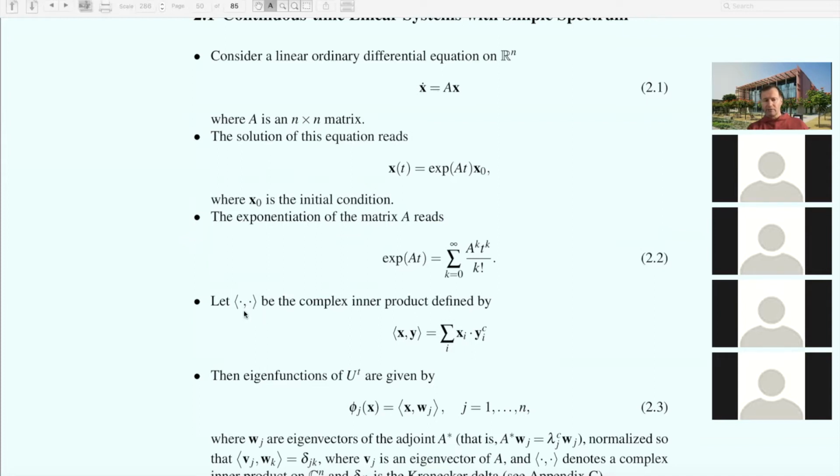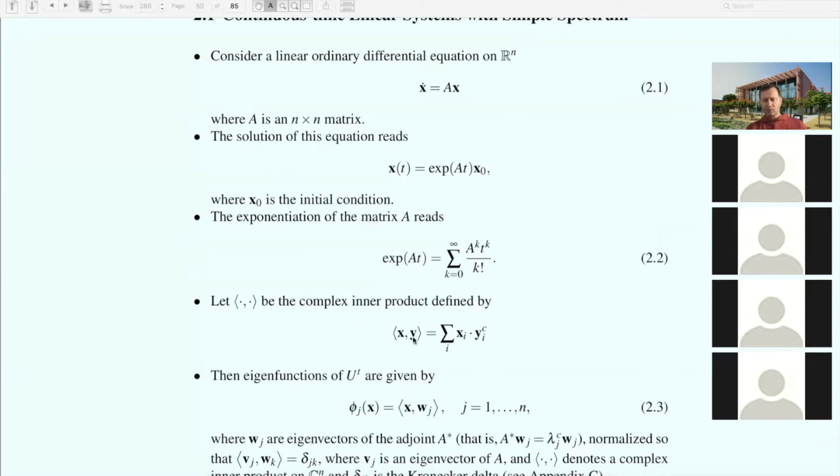Now, let's define. You're used to the concept of the inner product. We're going to need just a small modulation of that, because remember, we are working with complex observables. So we're going to need the definition of complex inner product.